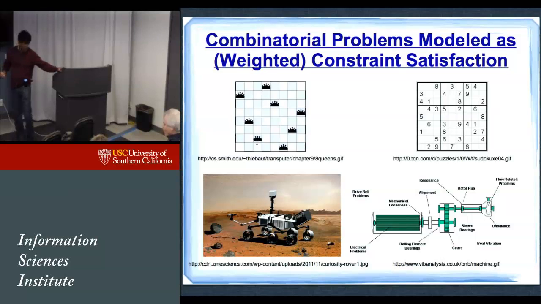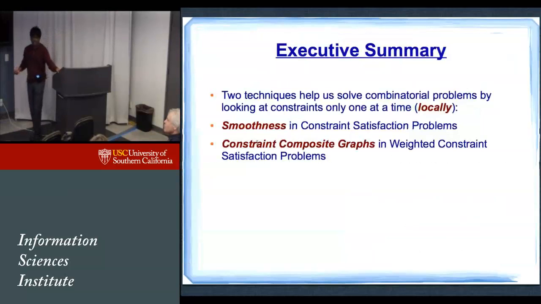What I'm going to show you in this talk is basically 2 algorithmic techniques that have this remarkable property: they allow us to solve combinatorial problems by looking at the constraints only one at a time, very locally. And yet they give us the ability to make global inferences.